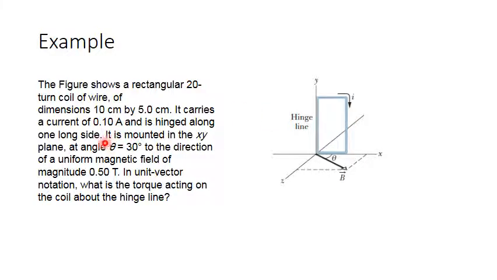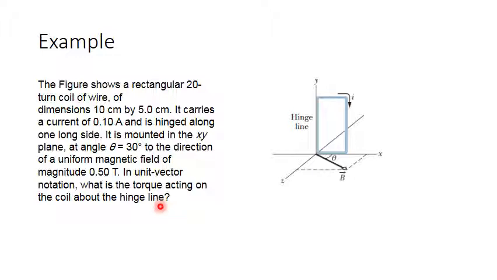It is mounted in the XY plane at angle theta equals 30 degrees to the direction of a uniform magnetic field of magnitude 0.5 Tesla. So the magnetic field has an angle of 30 degrees from this XY plane. It is required, in unit vector notation, to find the torque acting on the coil about the hang line.